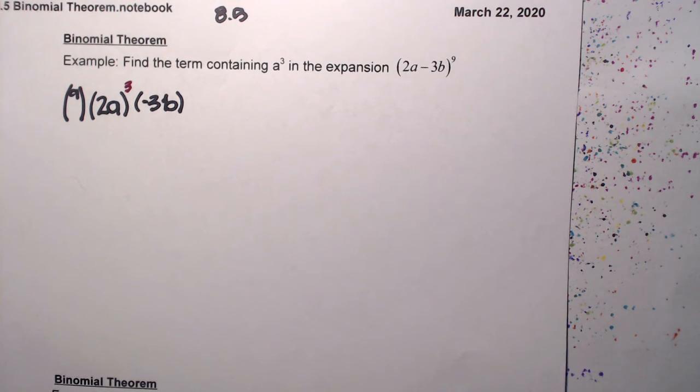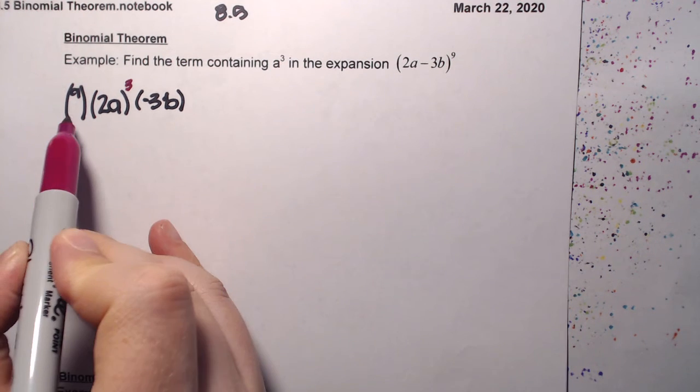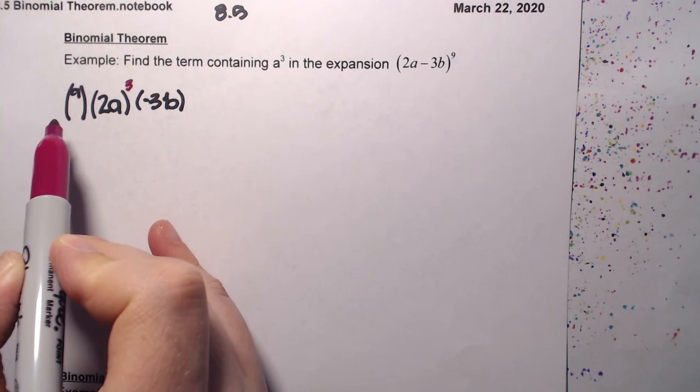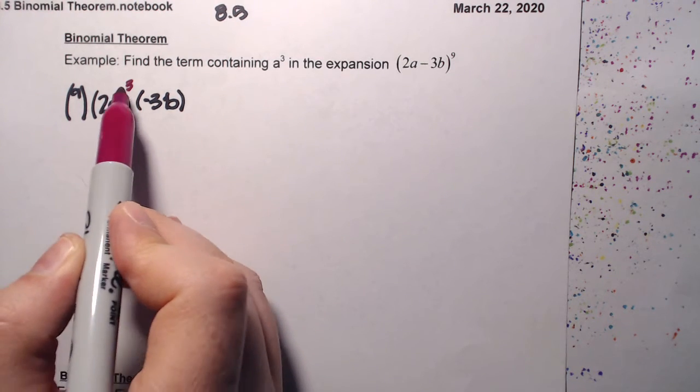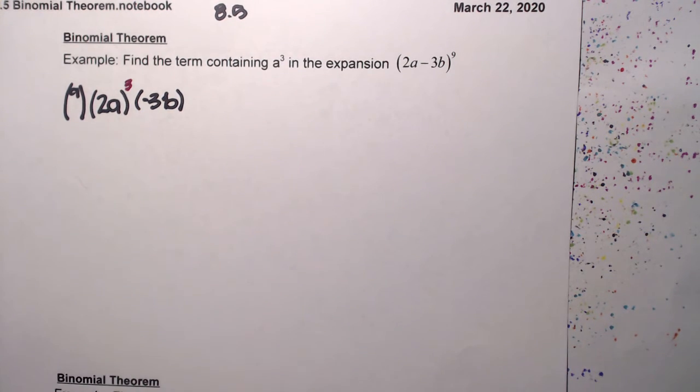So I'm looking for my third term. Now, because of the symmetry with this, technically you could have a 3 here, or you could have a 9 minus 3. It doesn't matter. So I'm just going to stick a 3 here.